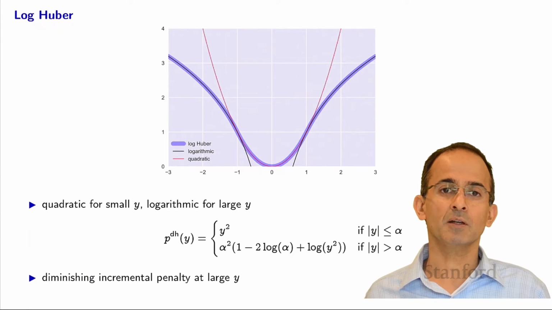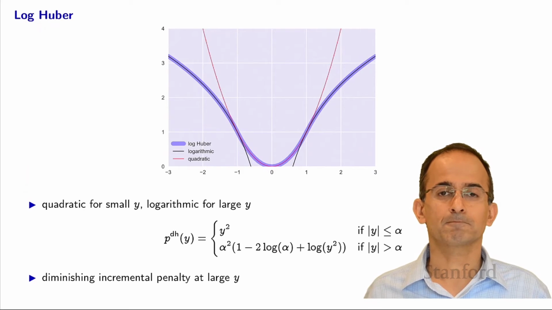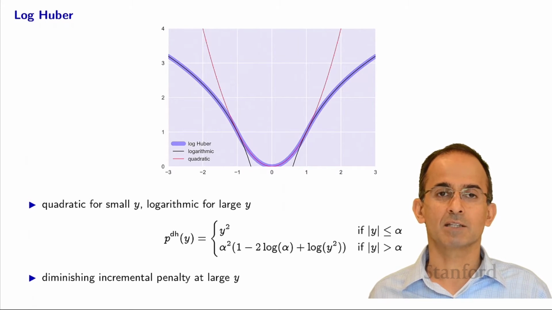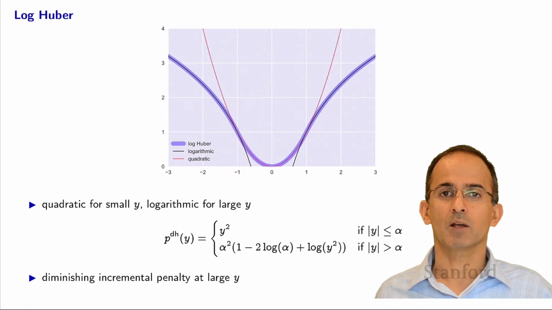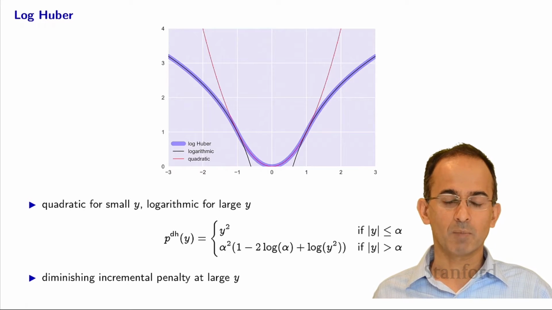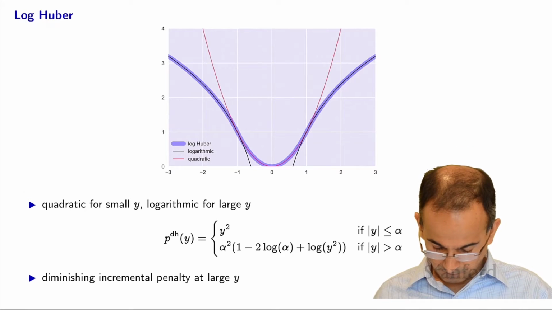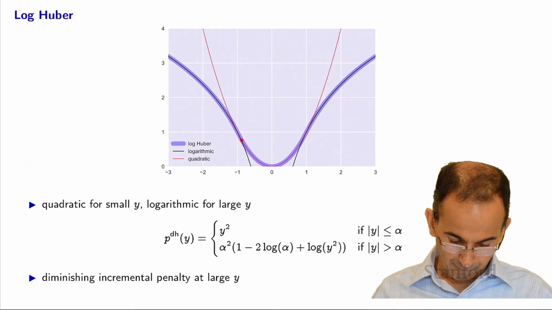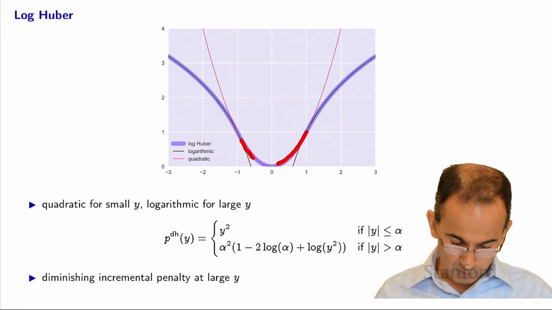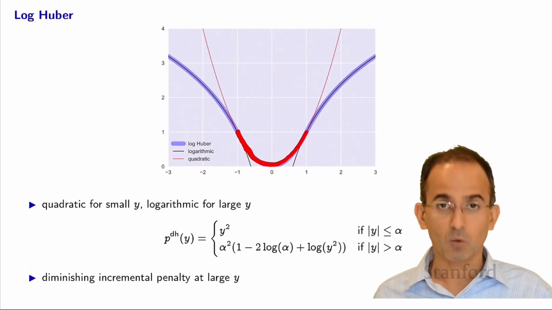Now you can take this further. You can say, okay, well, I'd like a penalty function which is even less sensitive to outliers than the Huber penalty. Here's a penalty that we might call the log Huber. Again, within a particular region, here alpha is 1, so when the residual is between -1 and 1, we've got a quadratic function.